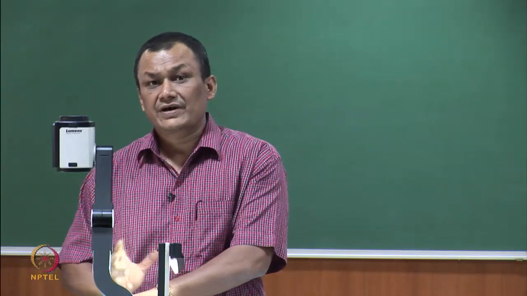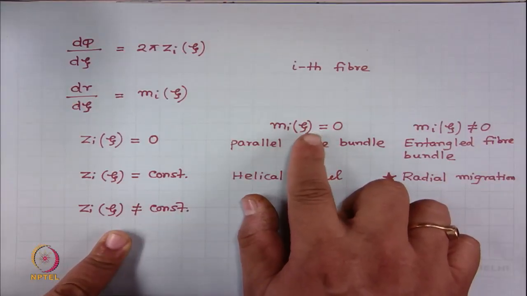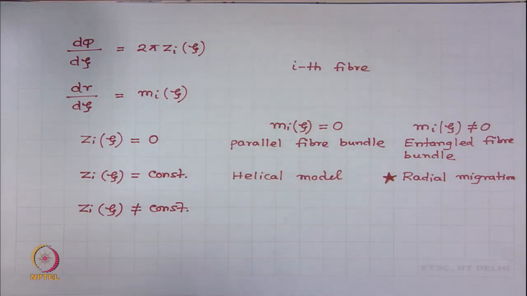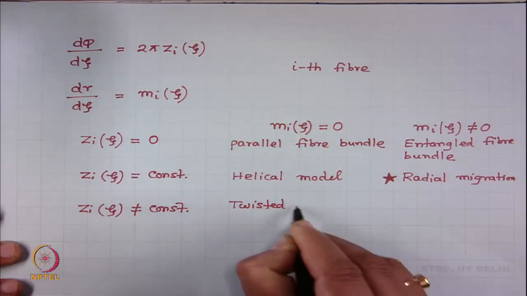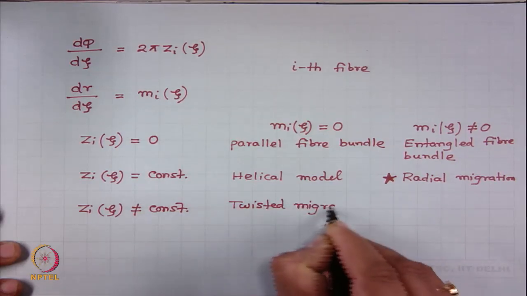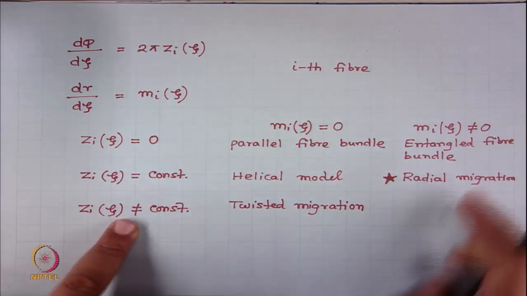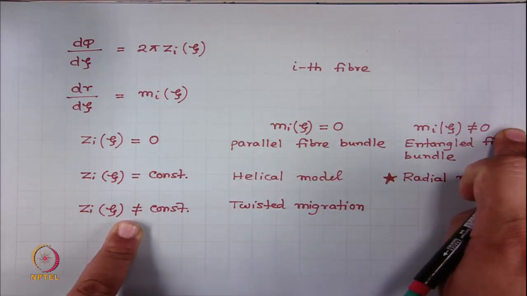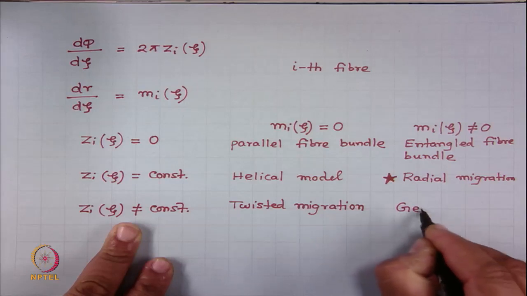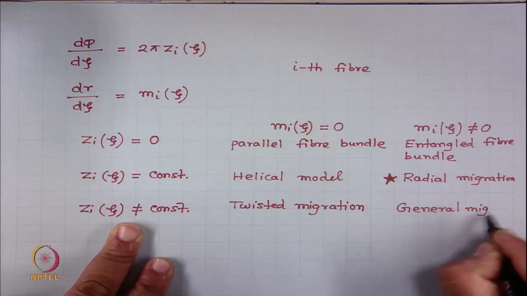Different fibers can have different amounts of twist, but there is no radial movement. This is called twisted migration. And the last situation, different fibers will have different amounts of twist and there is a possibility of radial movement of fibers. This we talk about as general migration.